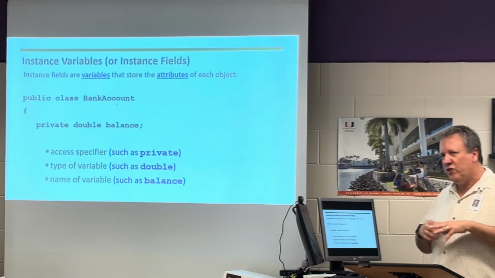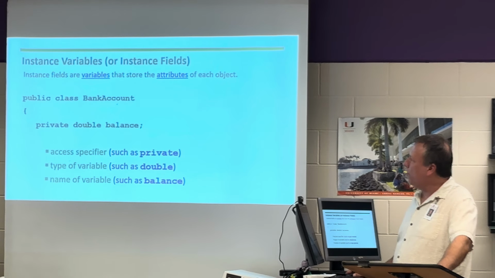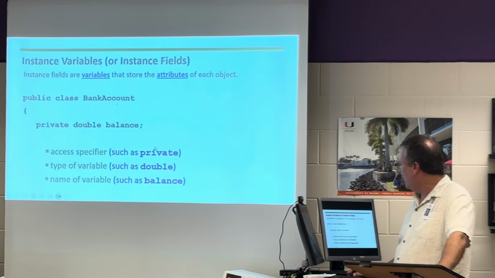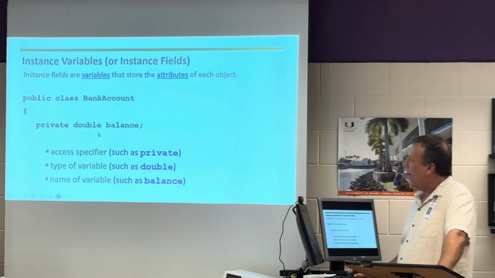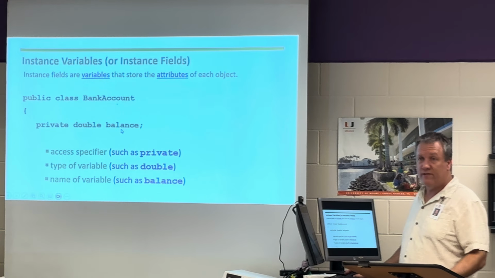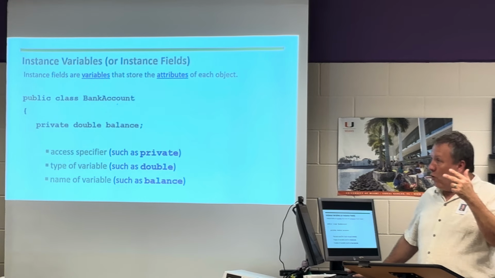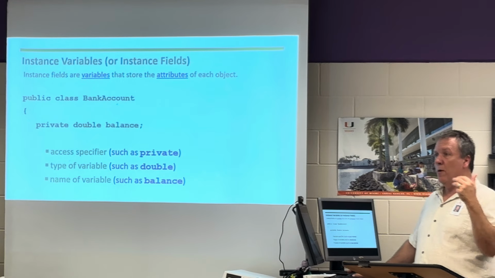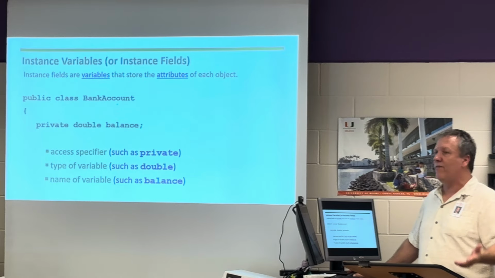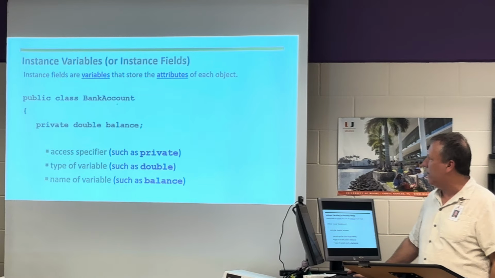So you can't just change your balance. You have to call the methods. So this is private. And then what is balance? It's a double, it's a decimal number. And that's my balance. You can have multiple instance variables. Maybe I keep track of the balance, your name, your address, your phone number, the number of years you've been a customer here. It could be a lot of information, but for right now, we're just keeping track of the balance.